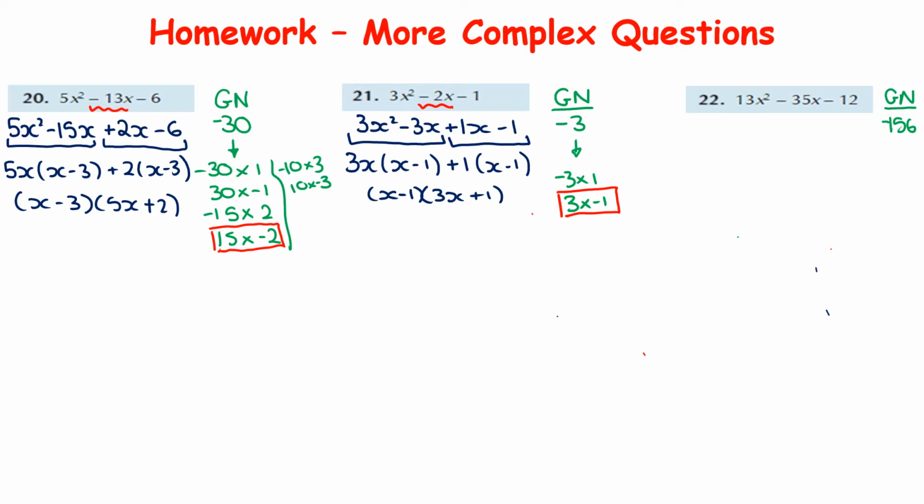The trick is, and it doesn't always work, but the trick would be to double check first the factors that got you there. So we had 12 and we had 13. Do they work? Because sometimes they like to give us these big numbers. Is there any combination of 12 and 13 that will work to get us minus 35? In this case, there isn't. So we're going to have to work it through.